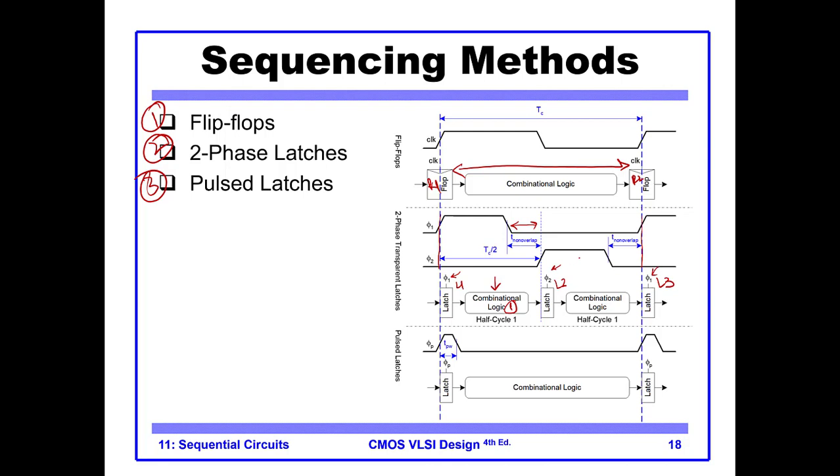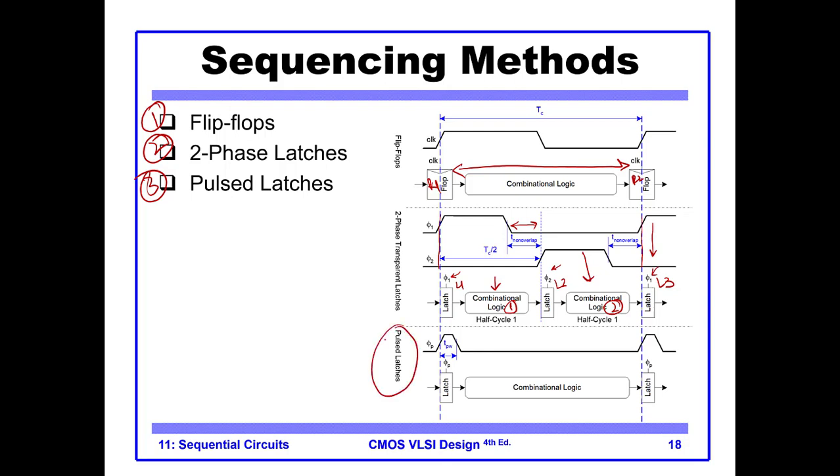Then when phase 2 is 1, the combinational logic 2 starts processing, and when phase 1 high arrives again, the latch becomes transparent again and information goes outside. So this is 2-phase clocking, and you use latches that are driven by different clocks.